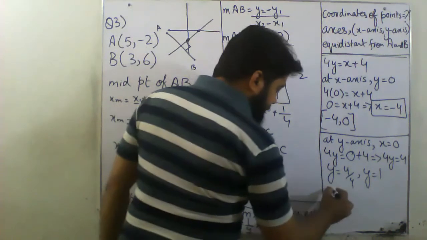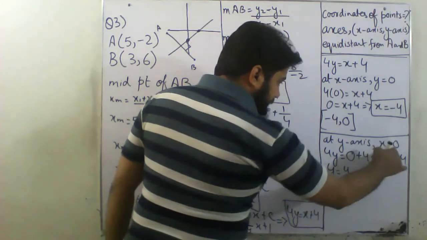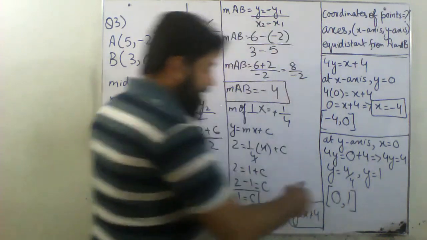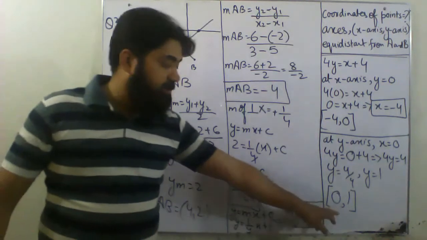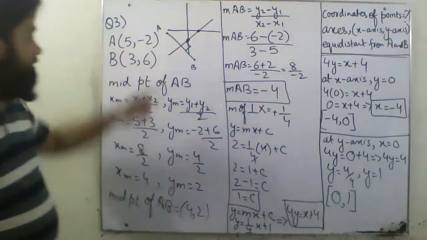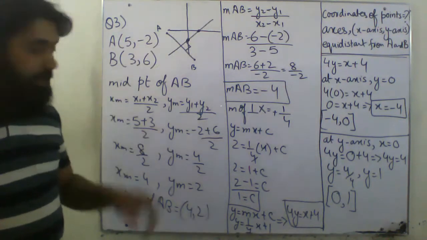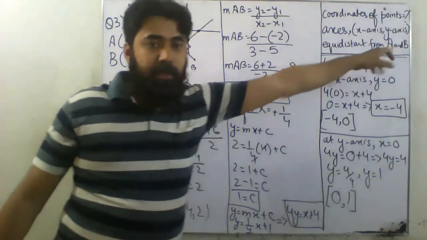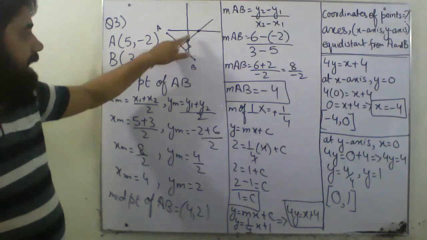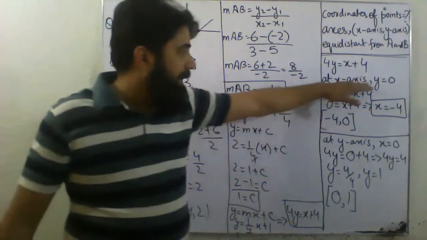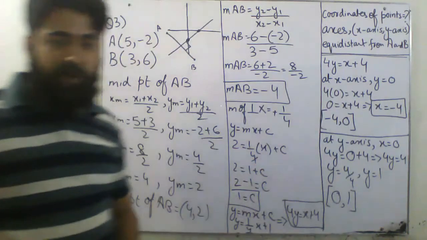So the result will be x coordinate is 0 and y coordinate is 1. These are the points which lie on the perpendicular bisector also, because they are equidistant from A and B. And these points lie on the axes also, on the x-axis and y-axis.